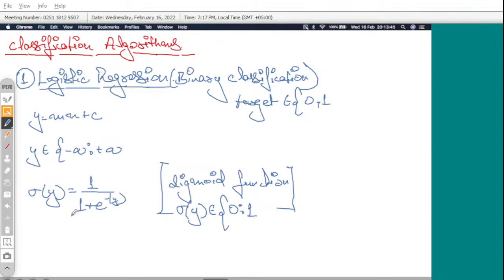If we use y equals mx plus c, the prediction can be anything between minus infinity to plus infinity, and we cannot infer 0 or 1 out of that, right? So what we did, we transformed this y to sigmoid of y. We activated this equation with the sigmoid function, and after applying it, we are going to get results between 0 and 1. That is something we can use as a probability, right?